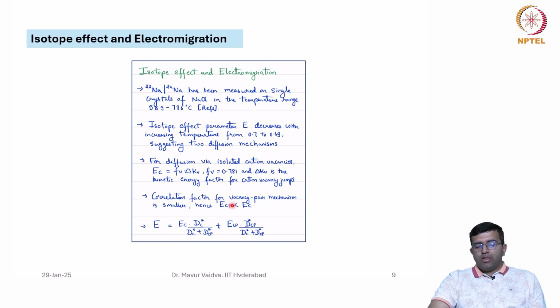The correlation factor for the vacancy pair mechanism is smaller, hence ECP is less than EC, and an effective isotope parameter can be written as EC times DC star divided by (DC star plus DCP star). Similarly, ECP times DCP star divided by (DC star plus DCP star).